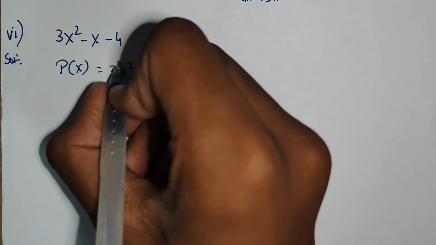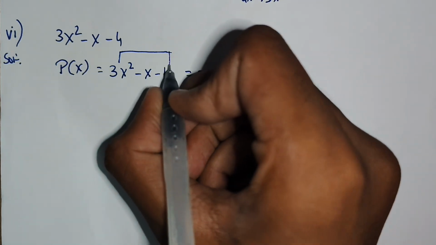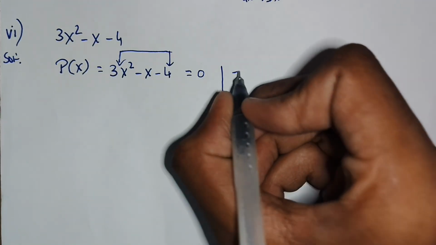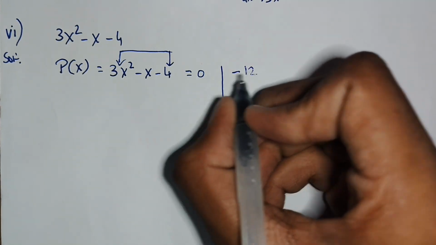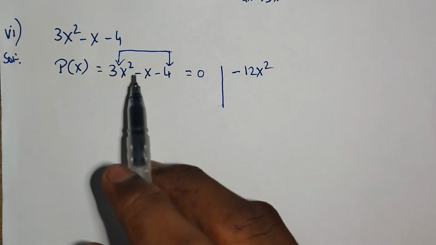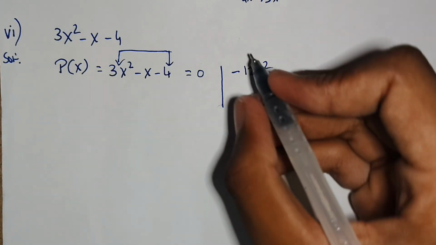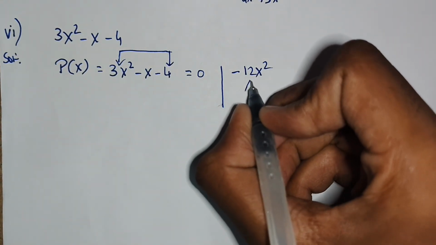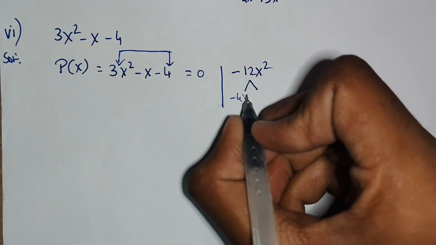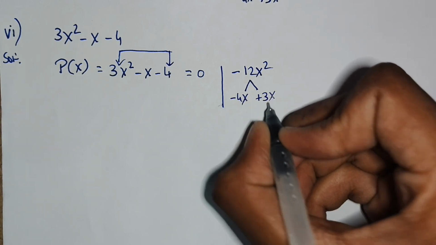Now let's multiply these two numbers. We will get plus into minus, minus 3 4s are 12, 12 into x square, 12x square. The multiply of these two numbers will give minus 12x square. The factors for minus 12x square are minus 4x plus 3x.